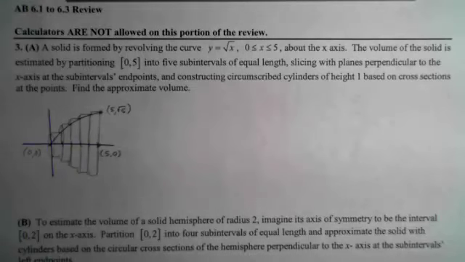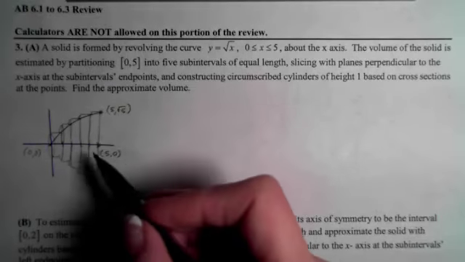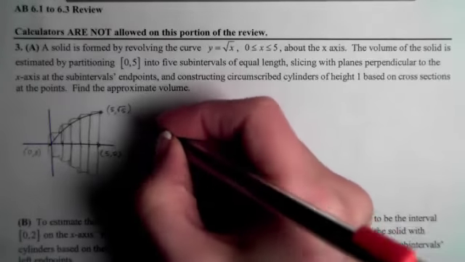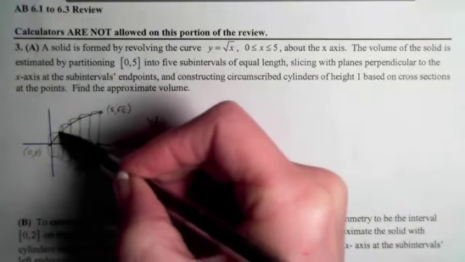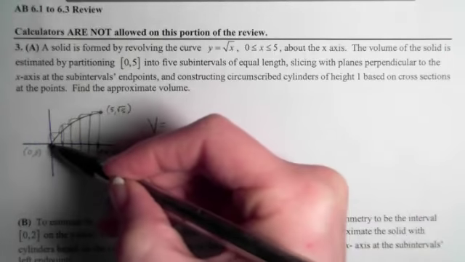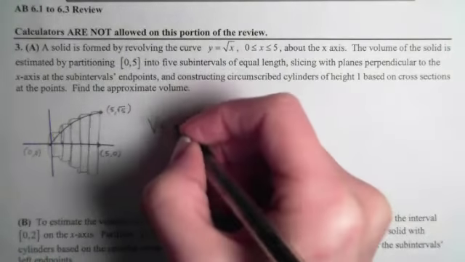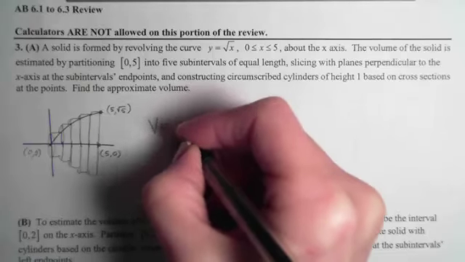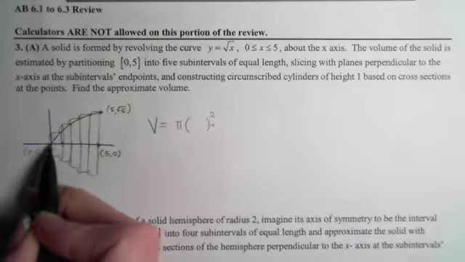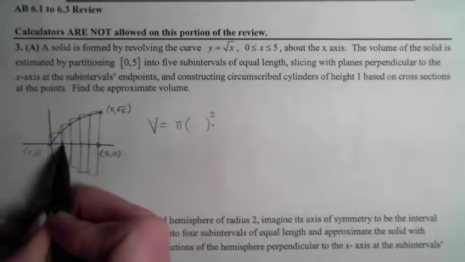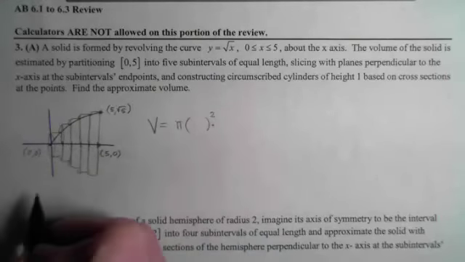So we've got to add up the 5 layers of that cake. How do we get the volume of one of those? The volume of one is pi times the radius squared times the height. So we're summing up pi times the radius squared times the height, and the height on each of these is our delta x.